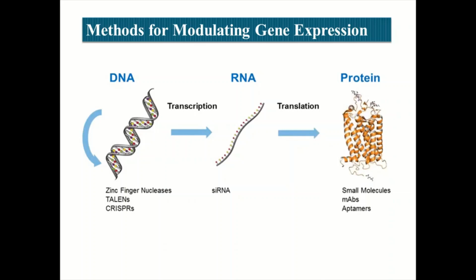At the DNA level, we can use zinc finger nucleases, TALENs or the CRISPR-Cas system; siRNA at the RNA level; and we can also inhibit the protein product by producing monoclonal antibodies, or we can design small peptide aptamers against a specific protein.